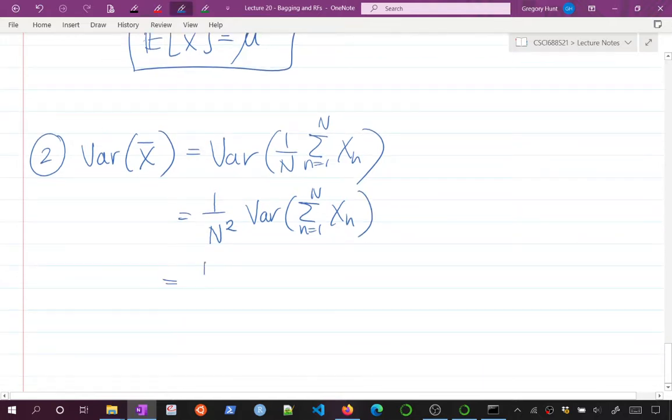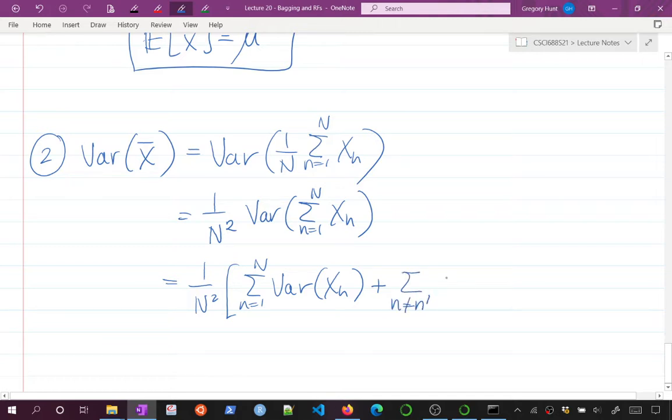Now there's a formula for the variance of the sum of a bunch of variables. It's the sum of the variances, but I can't generally just push that variance through. I have to account for the covariances.